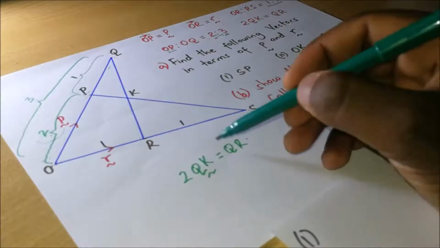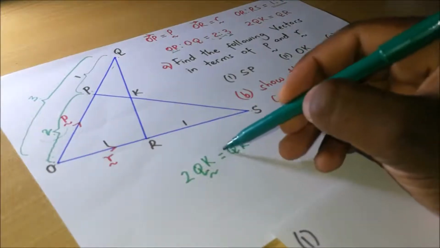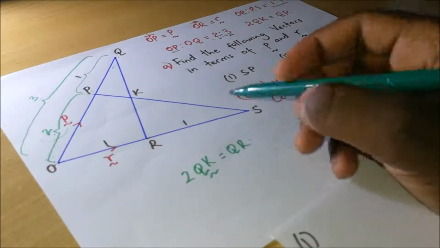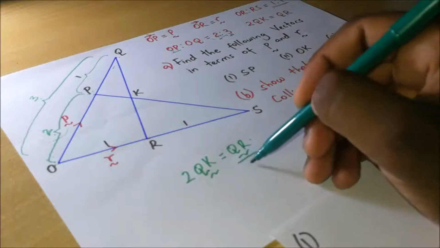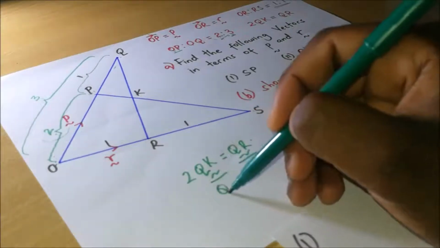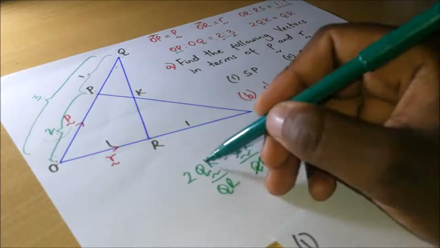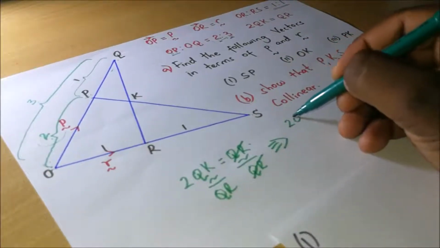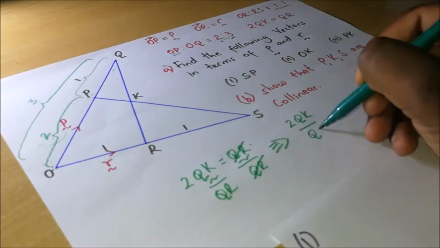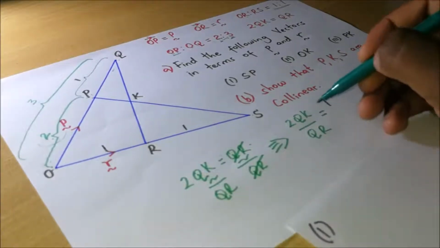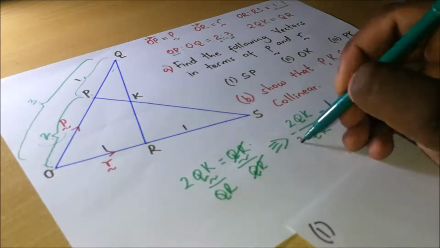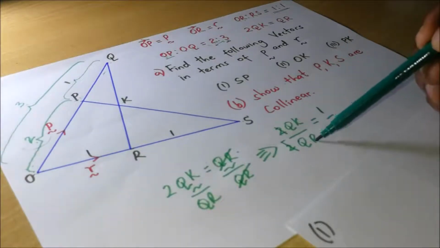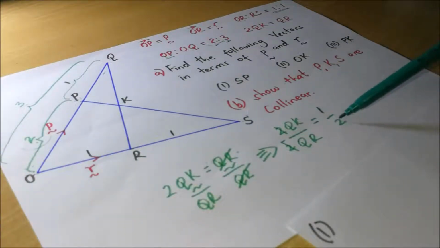Again, there's an invisible 1 here. We put the letters on both sides. I'll divide both sides by QR, so it becomes 2QK over QR is equal to 1. Dividing by 2 on both sides, we have QK over QR being equal to 1 over 2.